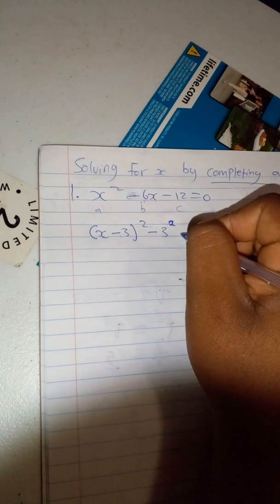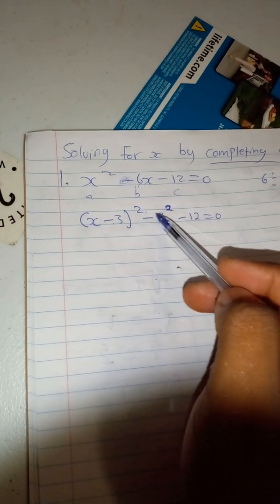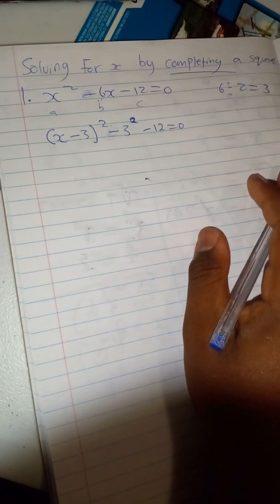Then you write your last value, which is negative 12, equals 0. This sign here will always be negative. Even if here it was plus 6x, there it will always be negative.